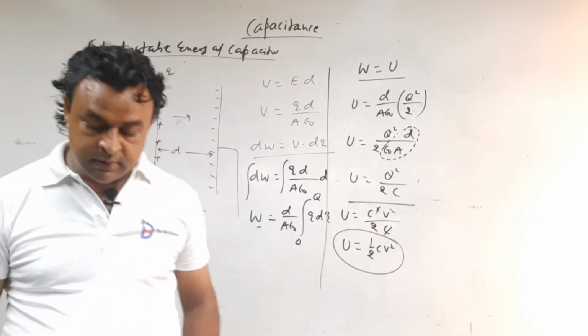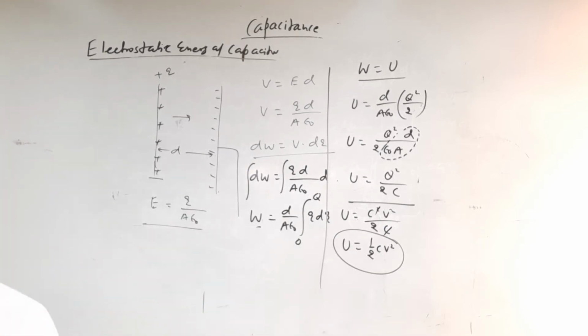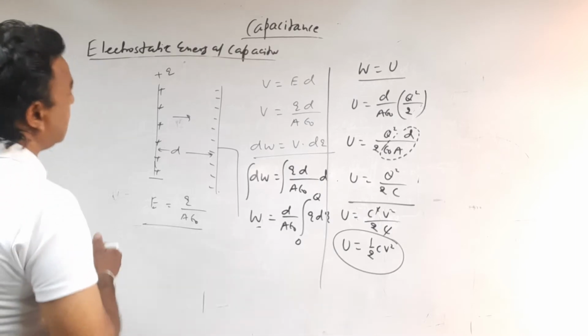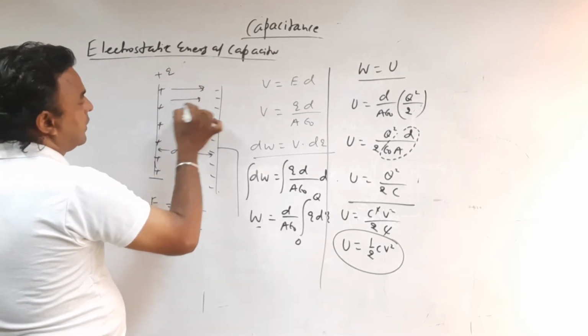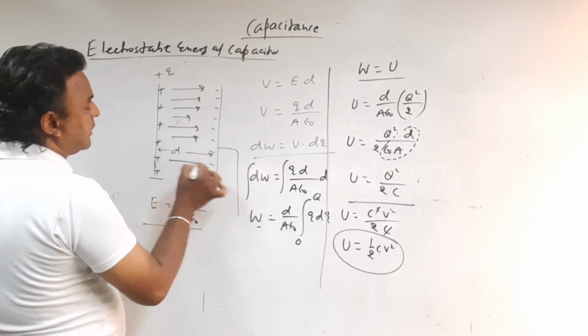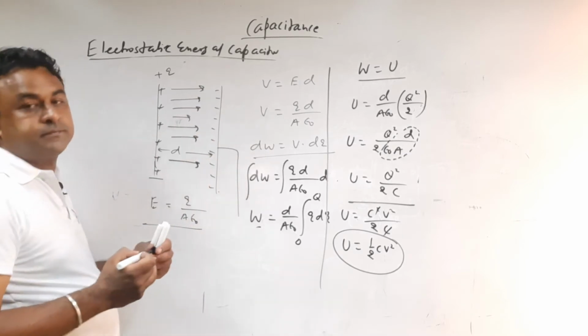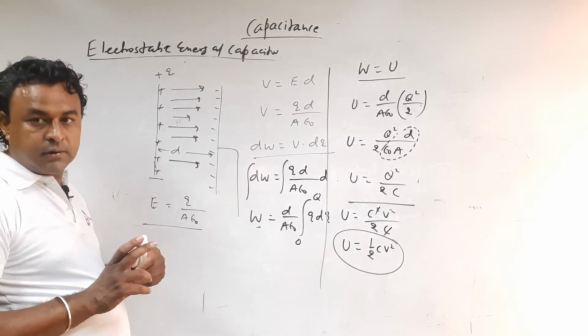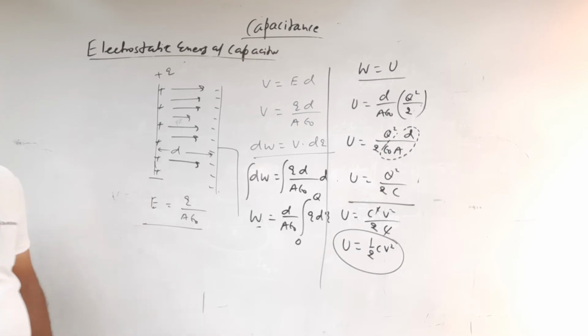Got it? This is the energy stored, and it is stored in the form of electric field in this region. This is about the energy stored in the capacitor.